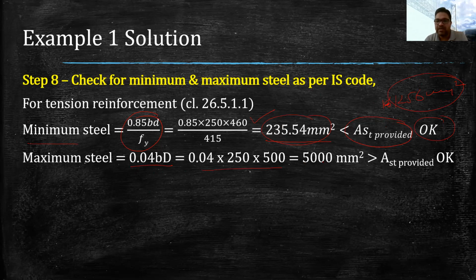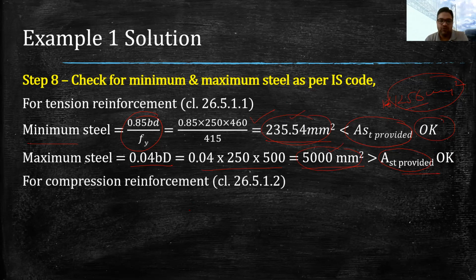Putting all the values, the maximum area of steel is 5000 mm square, which is again more than the area of steel provided. We have provided 1256 mm square, which is less than the maximum limit. So our steel provided is more than the minimum limit and less than the maximum limit. So the tension reinforcement criteria is satisfied.